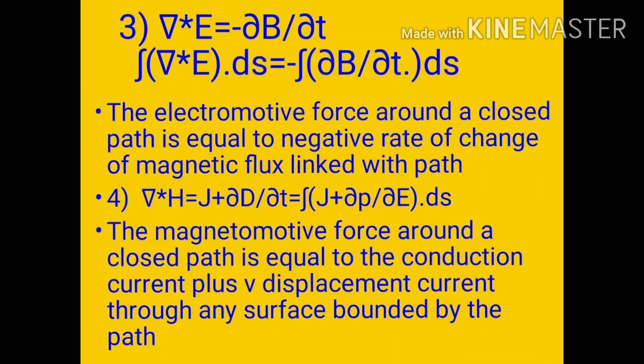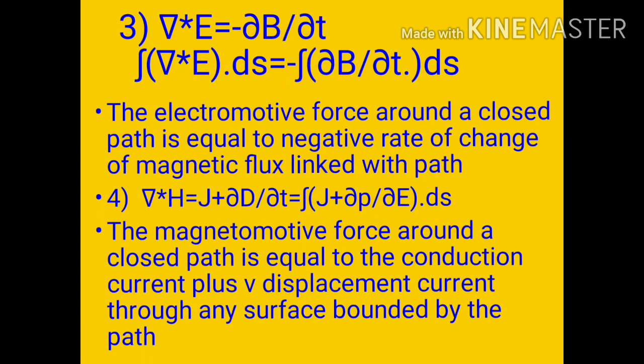Third, del cross E equals minus dou B by dou t. The integral of del cross E dot ds is equal to minus the integral of dou B by dou t dot ds. The electromotive force around a closed path is equal to the negative rate of change of magnetic flux linked with the path.